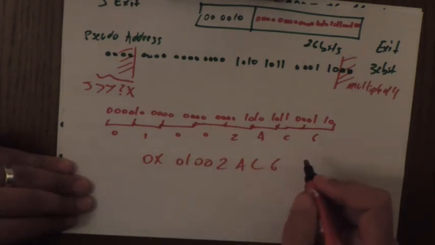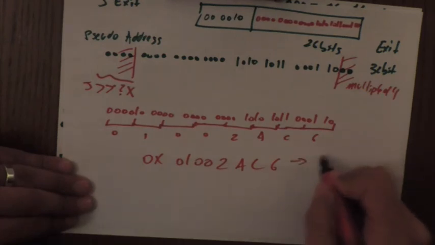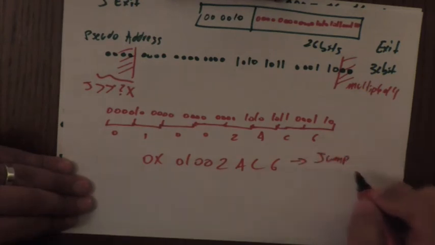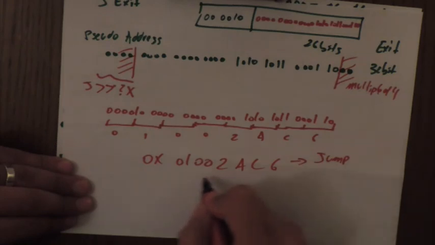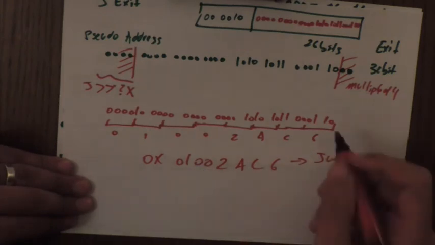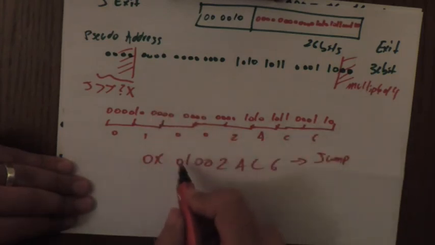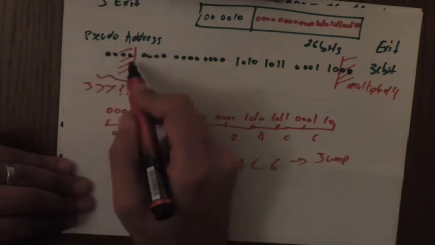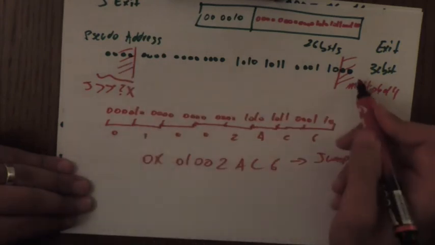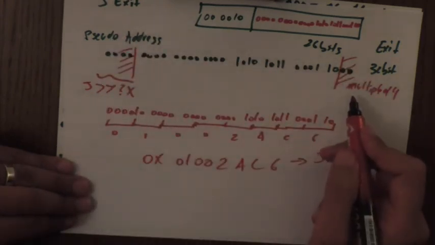If I know this is a jump instruction, then I can also recreate this address. I take the last 26 bits, which was this, add the PC's 4 bits, which are all zeros, and add 2 bits, and I will recreate the address again.